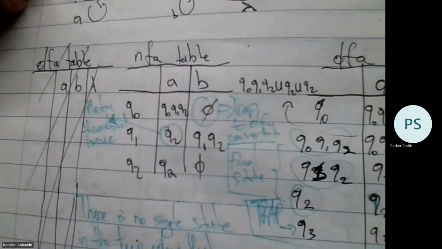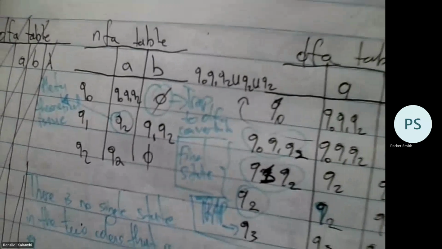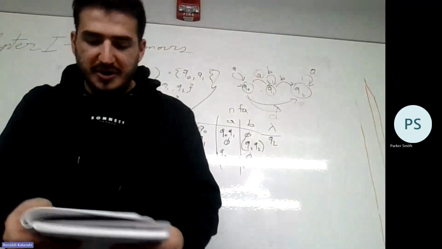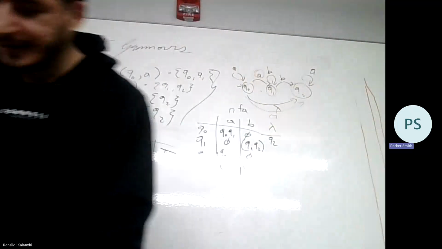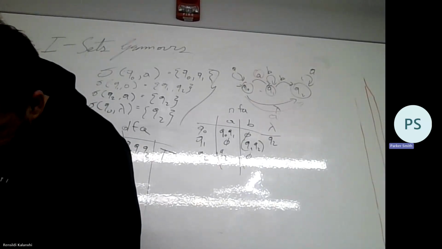So if you had, let me see, is this the one? Yeah, that's right, but Q0 is not pointing with lambda to Q2. But you see how Q1 is pointing to Q2 with the lambda, but there's no A transition?